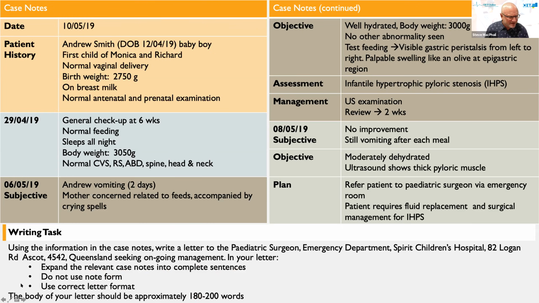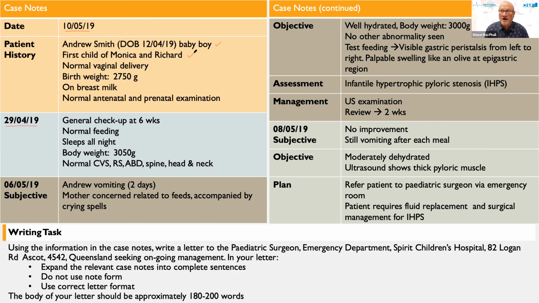I use my pen here. So we've got the date, which is the 10th, that's today's date. And we know the patient first visited about 12 days ago. So always pay attention to time relationships. Got Andrew Smith, we've got a date of birth for the baby boy, that's important.